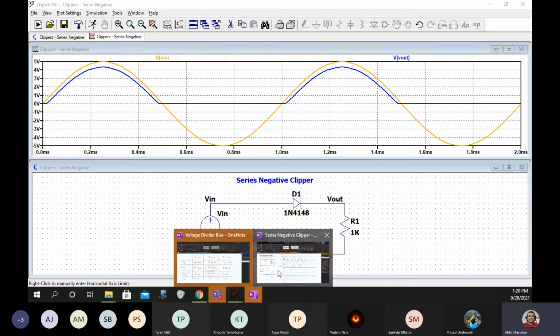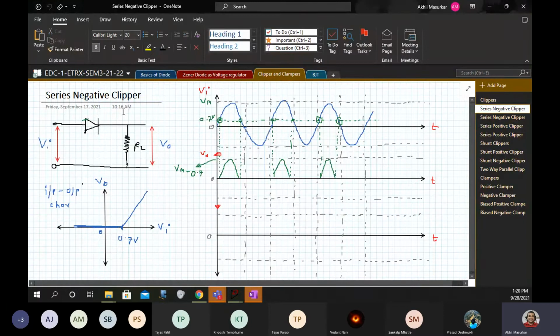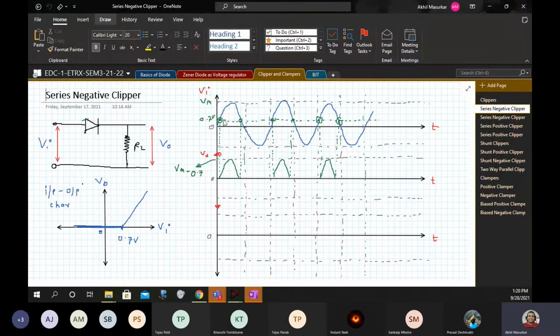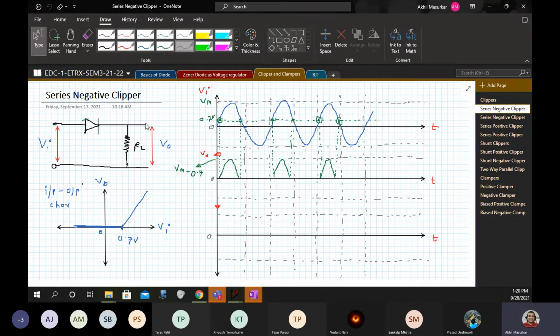So now out of this, what we did is we could draw the clipper circuit and we could draw this time waveforms. Okay.